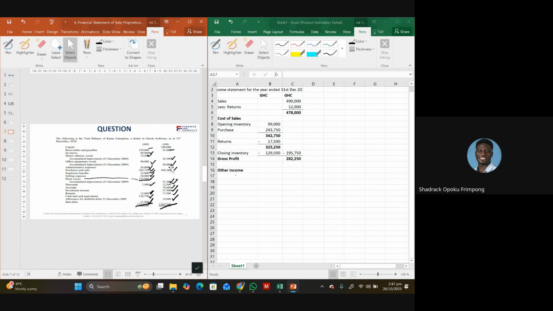Anytime you're given the trial balance, right, the trial balance is made up of what? Your debit and your credit balances. Now, the figures on the credit side are either revenues, liabilities, or what? Capital. Then on the debit side, it's either an asset or what? An expense.